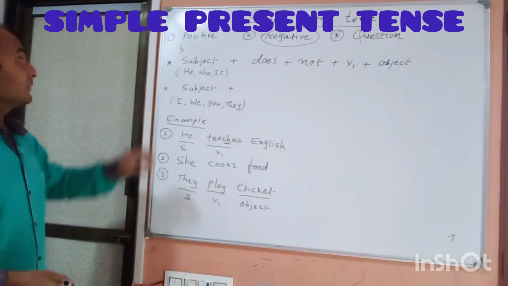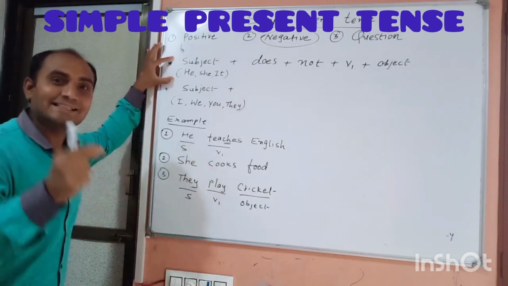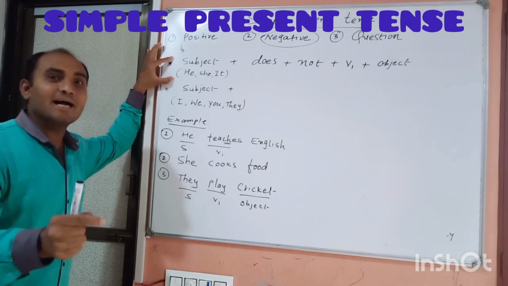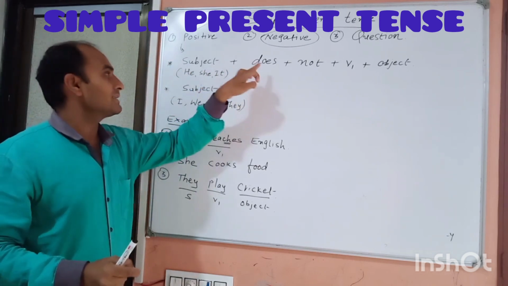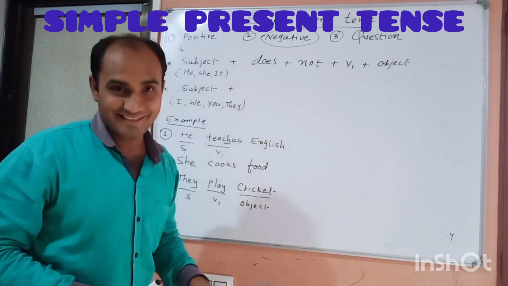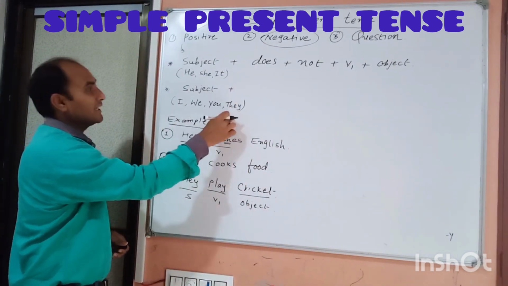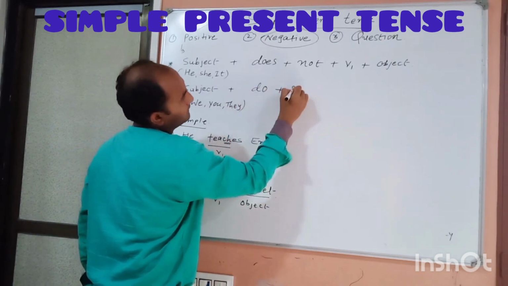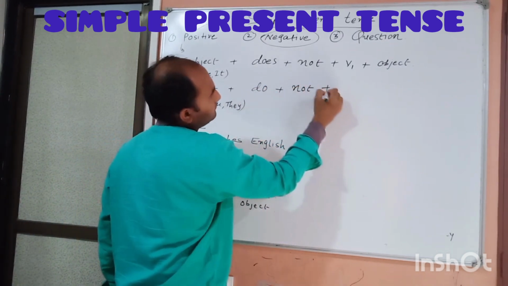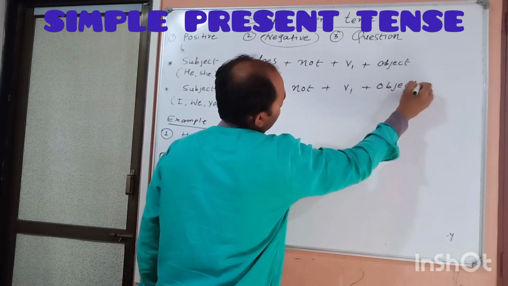Remember properly, whenever third person singular he, she, it is given, we use he, she, it and then does. And then for I, we, you, they, subject plus do plus not plus V1 plus object.